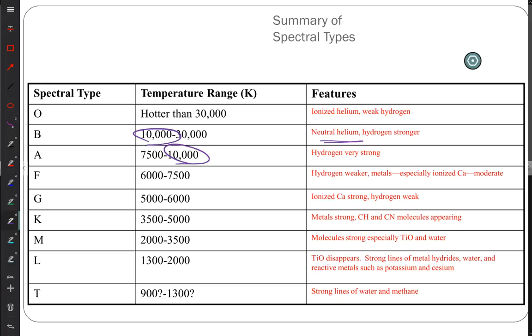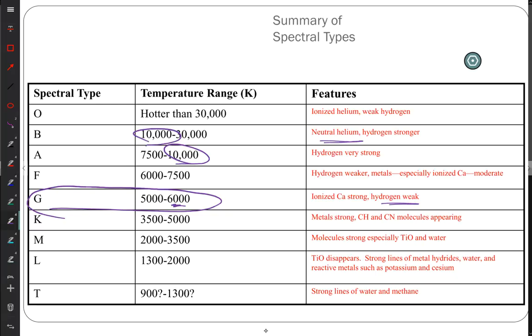You get down to F, the hydrogen is weaker, but you start having some metals, especially ionized calcium, giving you absorption. Get cooler still, and you get down to the G's. So the sun here is a G, 5,000 to 6,000 kelvins. The sun is a G2, which means we're closer to 6,000 than we are to 5,000, 5,800 kelvins. And we have weak hydrogen absorption, and we have ionized calcium.